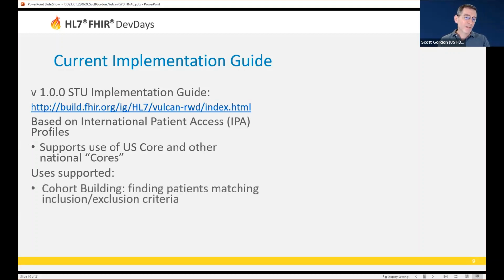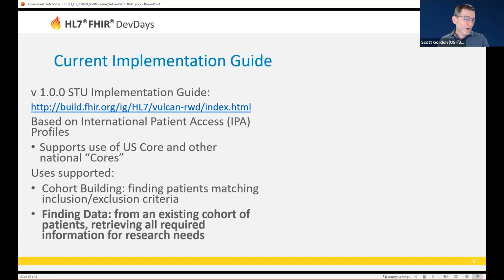And the bottom line is the two central functions that this IG supports is first, a step that we took of cohort building. In other words, in a clinical trial, you find patients that match a certain set of criteria that you would like in the study and the criteria that you think are not good for a study. They're typically called inclusion and exclusion criteria.